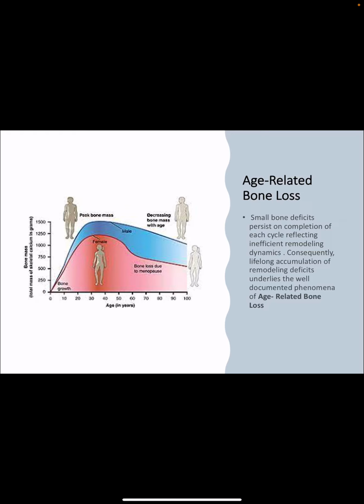Okay? And look here. We have this graph that shows female versus male. First of all, what can you tell me about the difference between male bone density and female bone density? Higher. So initially, we see a higher bone density in males. What else? What about age?